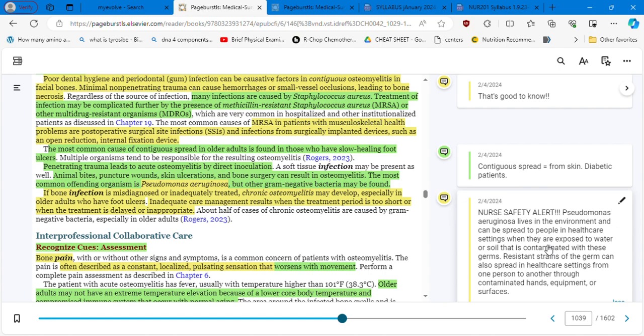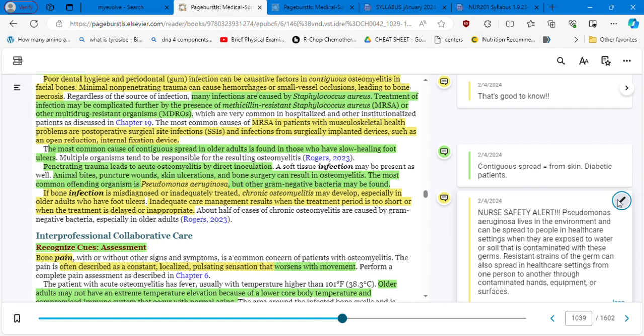Pseudomonas aeruginosa lives in the environment and can be spread to people in healthcare settings when they are exposed to water or soil that is contaminated with these germs. Resistant strains of the germ can also spread in healthcare settings from one person to another through contaminated hands, equipment, or surfaces. There you go.